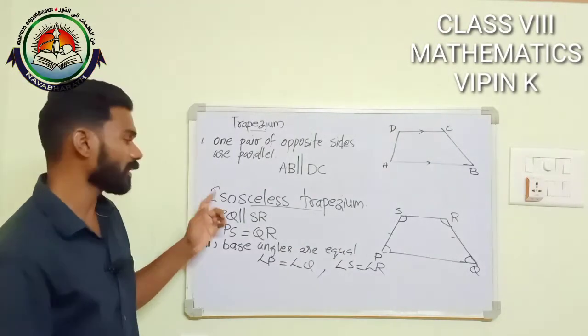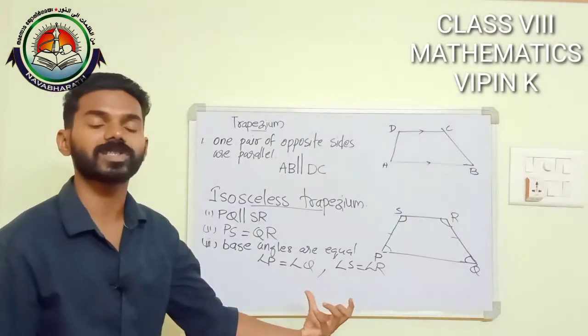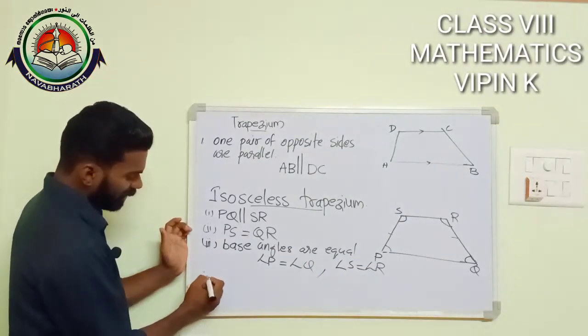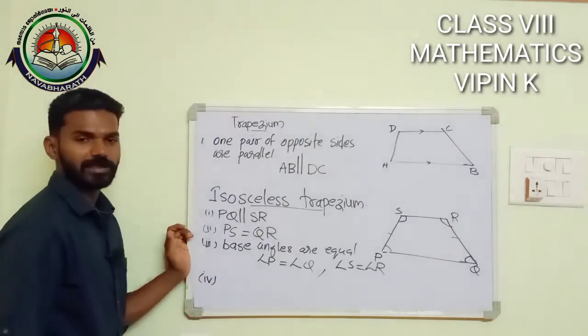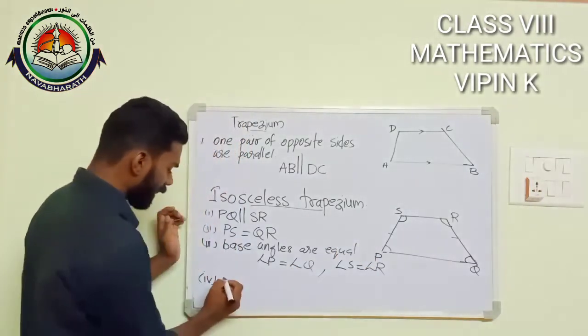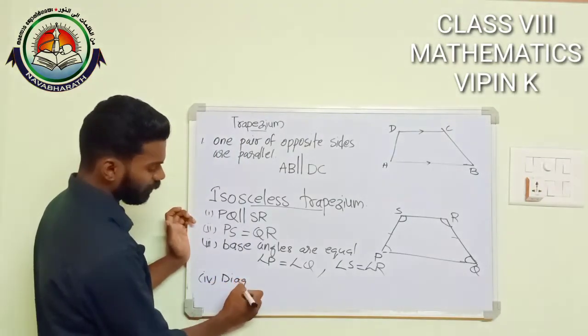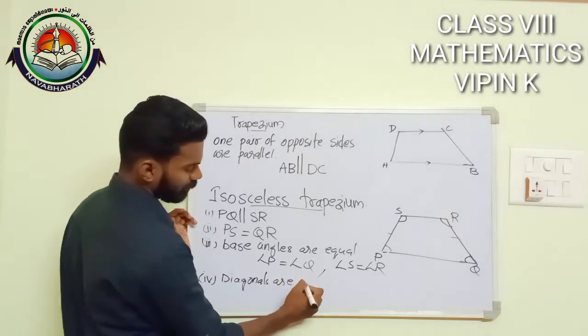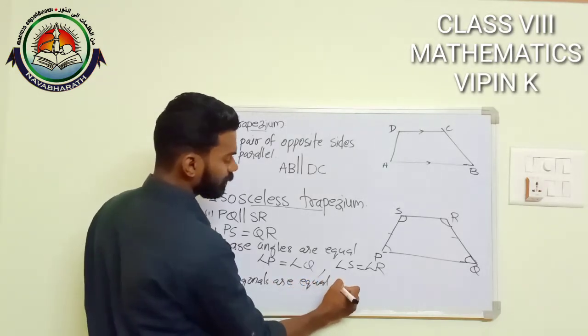And in the case of an isosceles trapezium, base angles are equal. And now the fourth property or speciality of an isosceles trapezium is that the diagonals are equal in length.